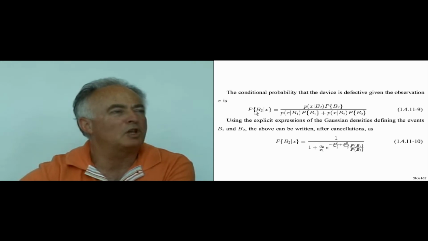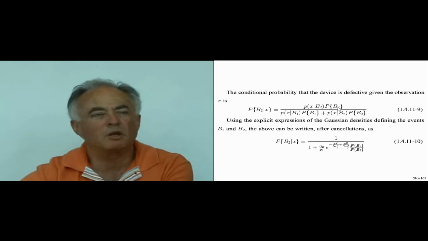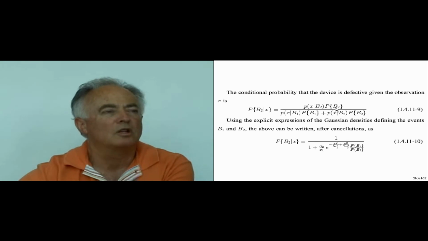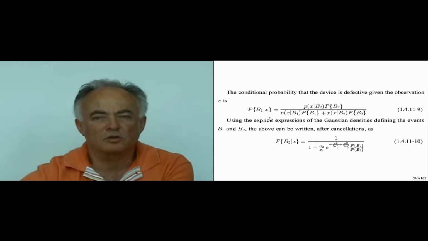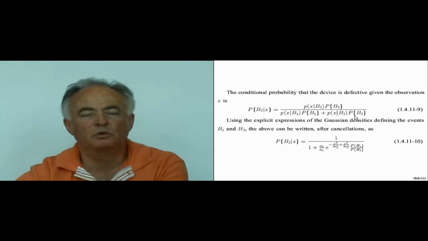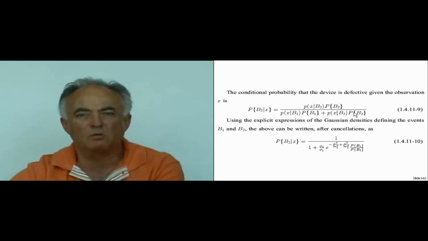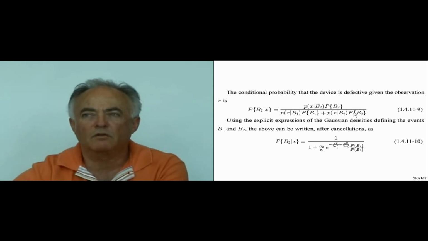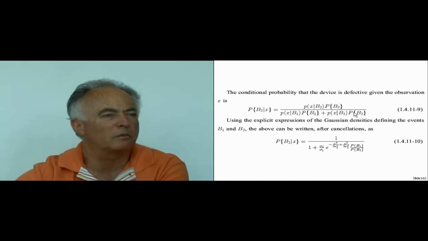The probability of the event B2, defective, given a single observation x, will be the probability of x given B2 times the prior probability of B2, divided by the normalization constant, which is written out as a sum of two terms because we have two B's. B1 is device operating according to specs, B2 defective.